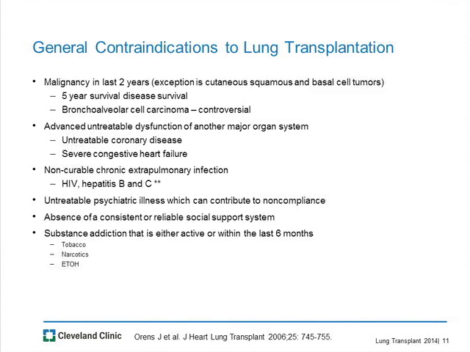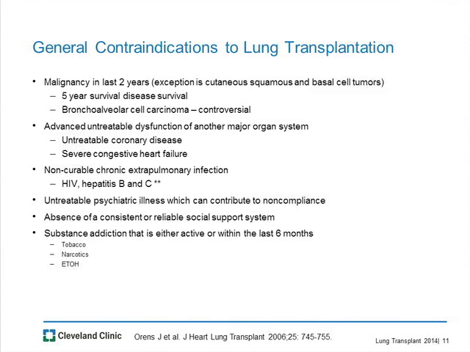This is controversial for many reasons, but one of the reasons is the relative recurrence of disease early after transplantation on immunosuppression. And this practice to transplant patients for bronchoalveolar cell CA of the lung is not routinely accepted across the country or worldwide. Only certain centers are still transplanting these patients, and there does not definitively exist a consensus on whether or not these patients should be transplanted.